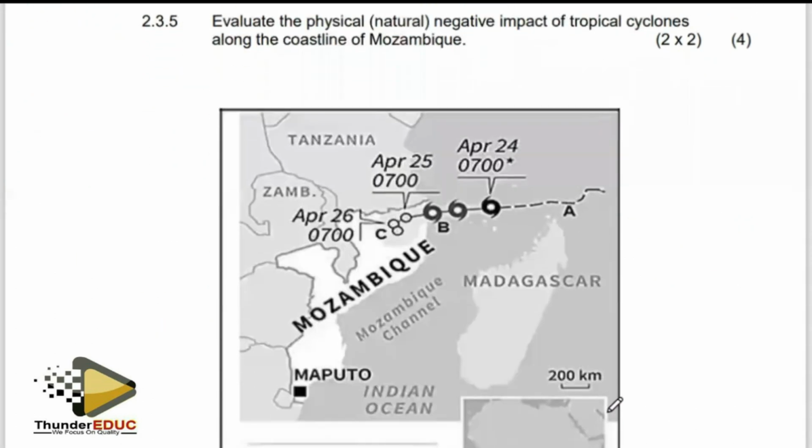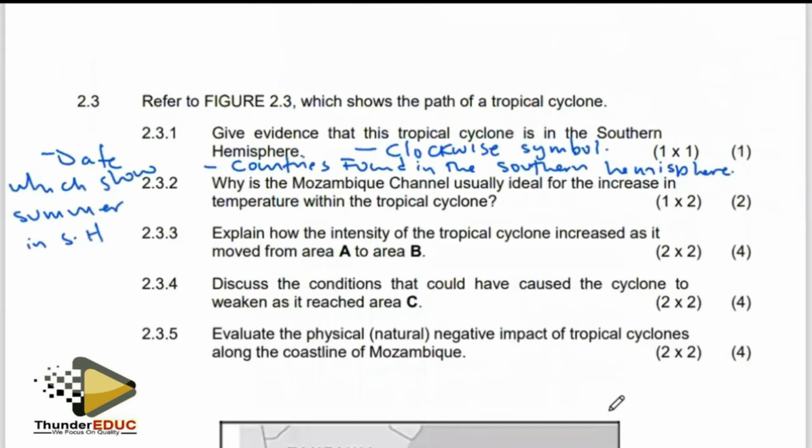What else can we look at? The Mozambique Channel, which is in the southern hemisphere, as well mentioned. The Mozambique Channel found in the southern hemisphere.